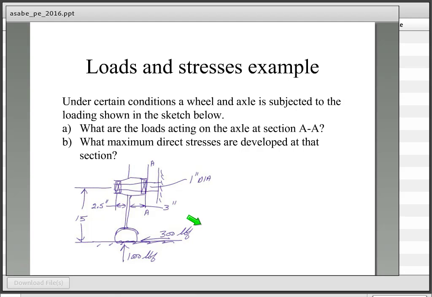And we also have, of course, based on this free body diagram, a vertical load that our wheel is carrying of 1,000 pounds. So the question would be, what is the maximum direct stress developed in our axle at this location, AA?